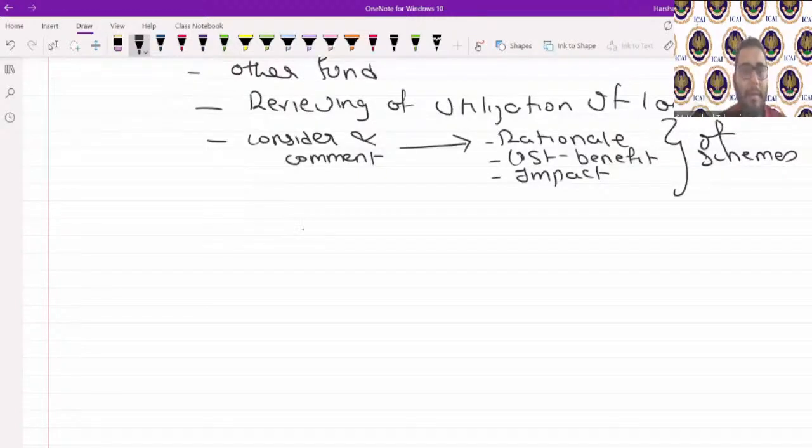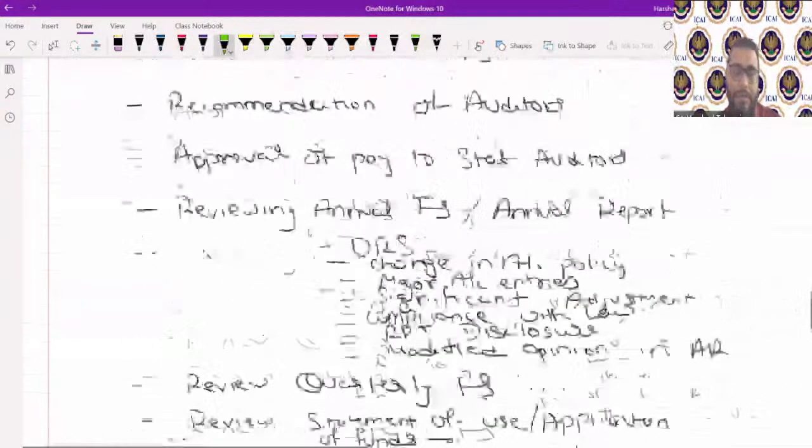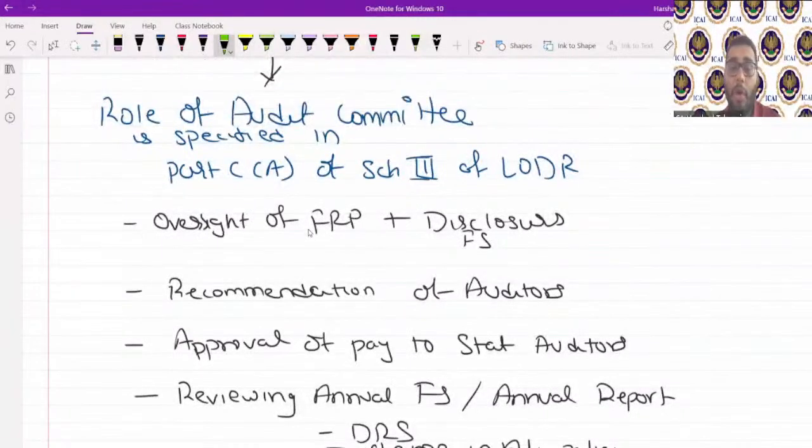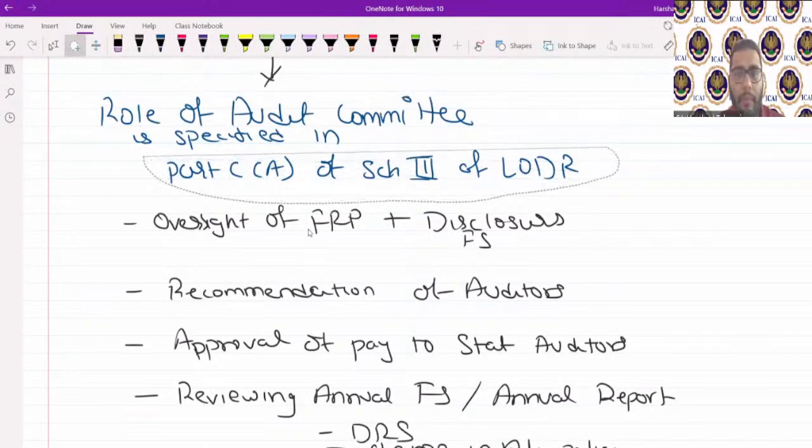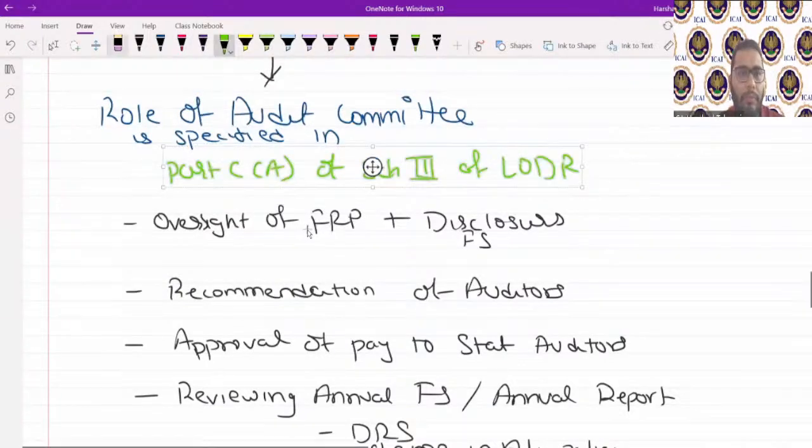Now that is an amendment which was not present earlier. Now it is a part of the role of audit committee. So this was a comprehensive role of audit committee. Clear?